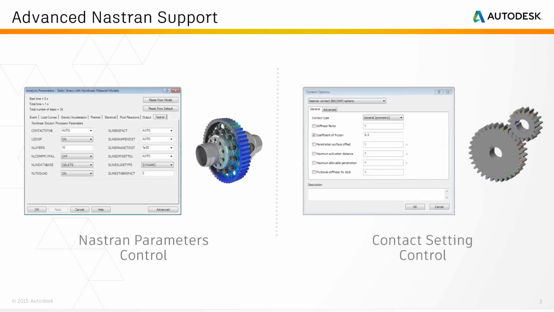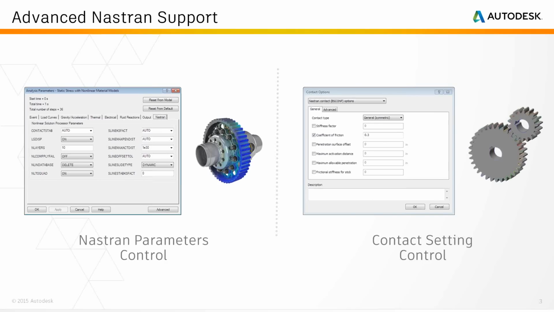So the first key focus area for us was the ability to control the Nastran parameters. As we look on the left-hand side of this screen, we see that we now have full control over all the Nastran parameters for a static stress with nonlinear material models analysis type. We added a brand new tab in the analysis parameters dialog specifically for controlling all the Nastran parameters.